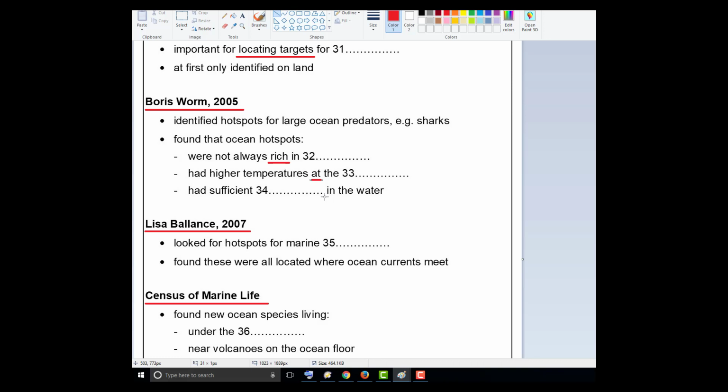So at leads me to believe that the answer is probably going to be a location. Had sufficient blah blah blah in the water. Well, since this has to do with ocean life, we would imagine this would be some kind of nutrient or some kind of food.